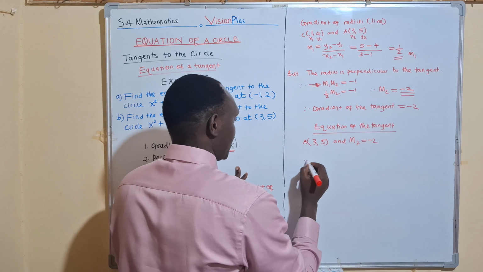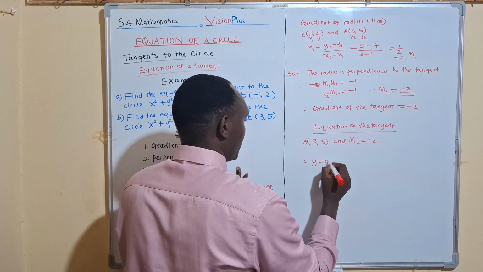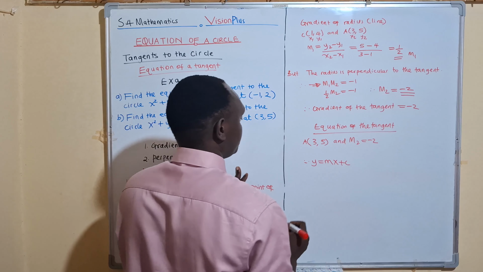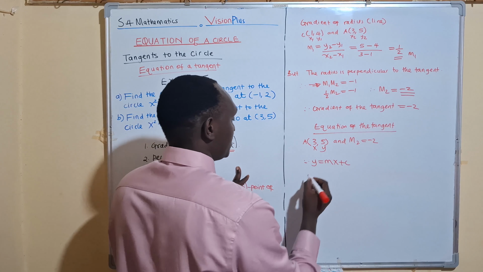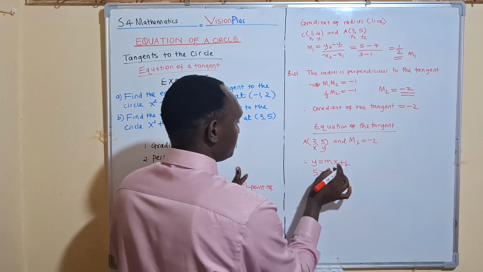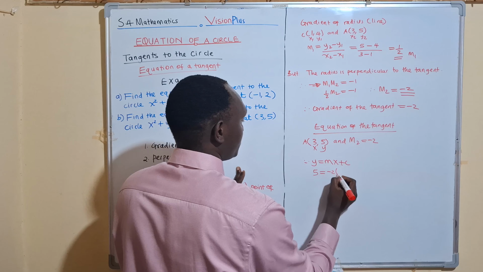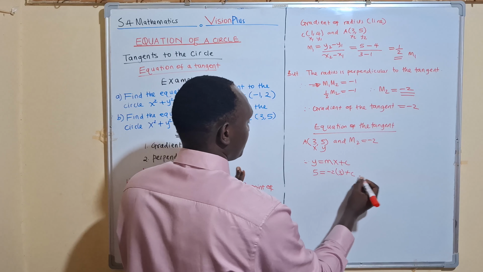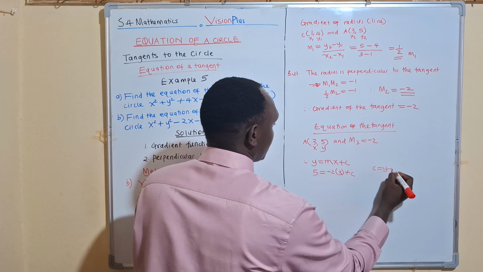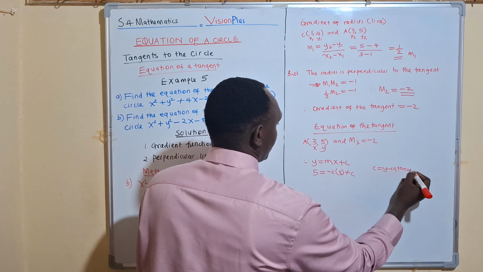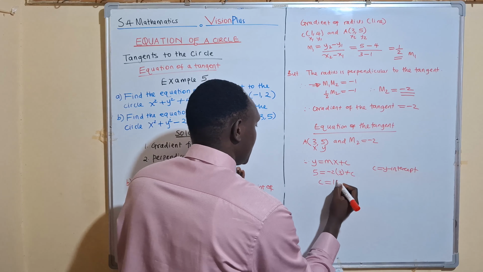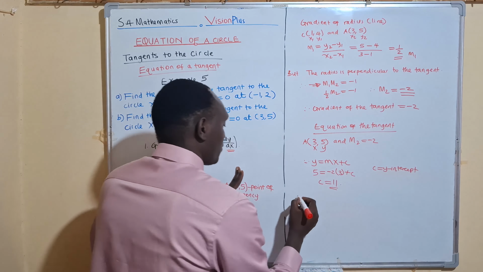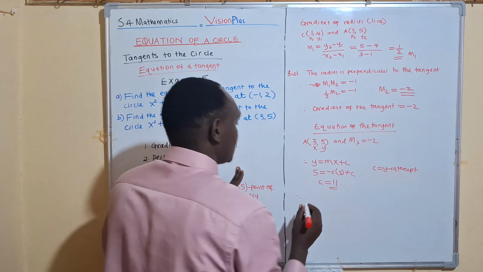The tangent is a line, therefore y equals mx plus c. This is my x, this is my y, that is my gradient m. Therefore 5 equals -2 times 3 plus c, where c is the y-intercept. Now, let's make c the subject of the formula. c becomes 11.